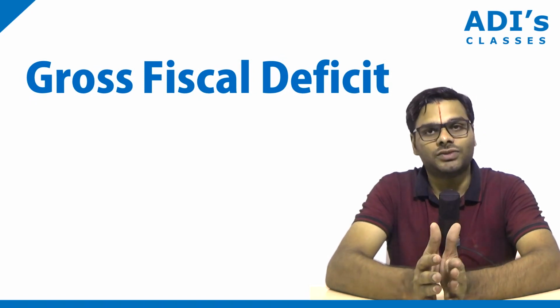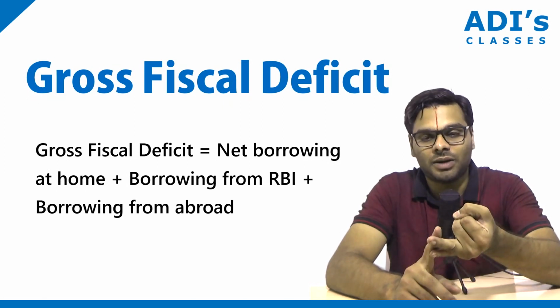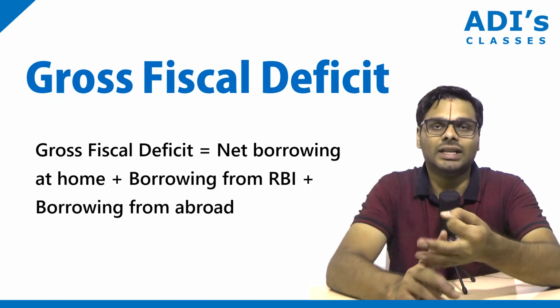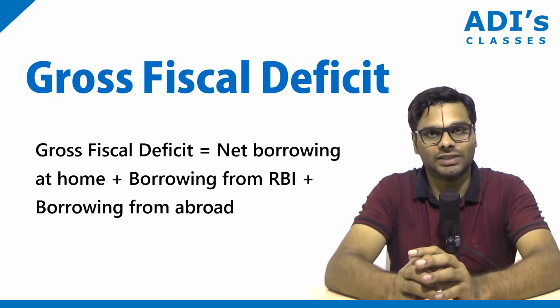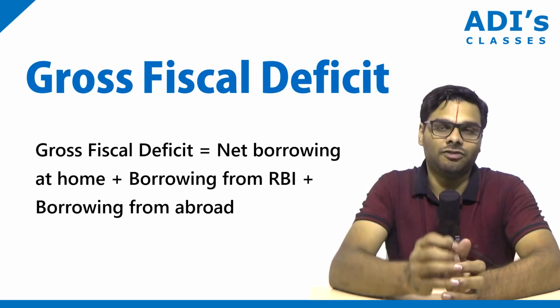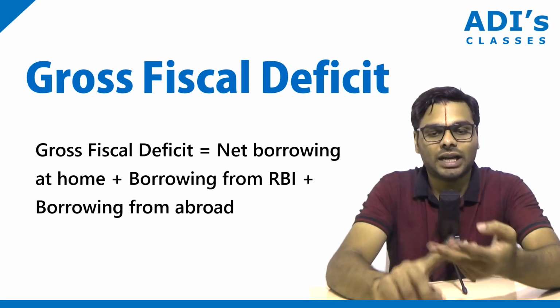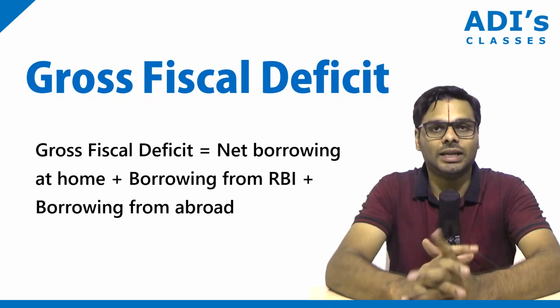For example, gross fiscal deficit is equal to net borrowing at home, borrowing from RBI, and borrowing from abroad. There are only three ways to fulfill this gross fiscal deficit. Any deficit has to be serviced through some kind of borrowing. It can be borrowing at home, from RBI, or from abroad. There are only three parts.